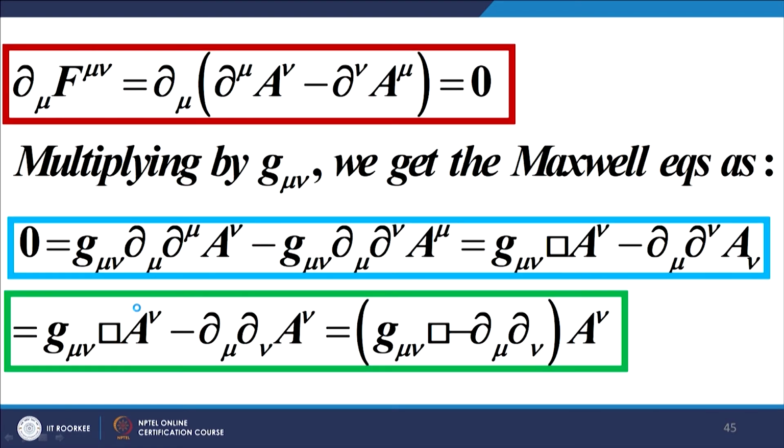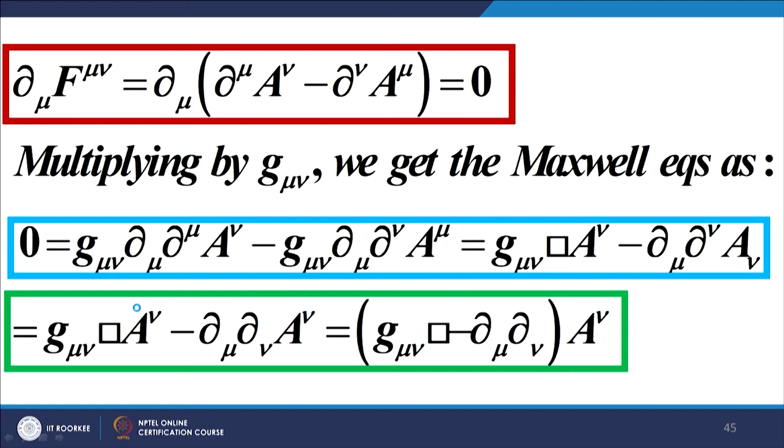Now, starting from this expression that we brought forward from the previous slide, if we multiply by g mu nu, the flat metric in this case, we get the following. Please note that throughout we are representing the flat metric by g mu nu, although in many references they use eta mu nu. Here we are using g mu nu as the flat metric, with the convention of plus minus minus minus.